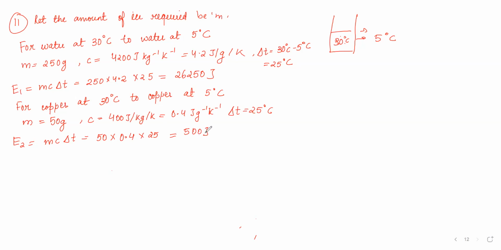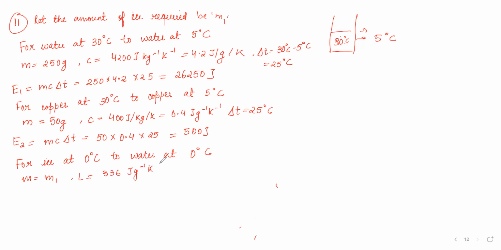Okay, and now we'll move to ice. For ice at 0 degree to water at 0 degrees Celsius, mass is equal to, we'll take as M1 again, children, and latent heat will be equal to how much? 336 joule per gram.